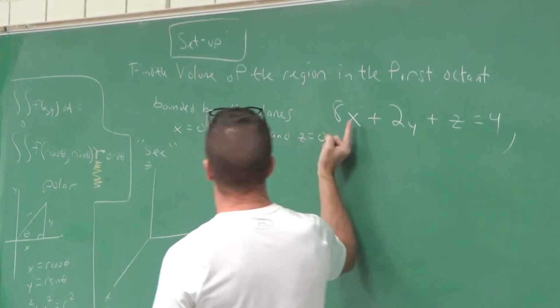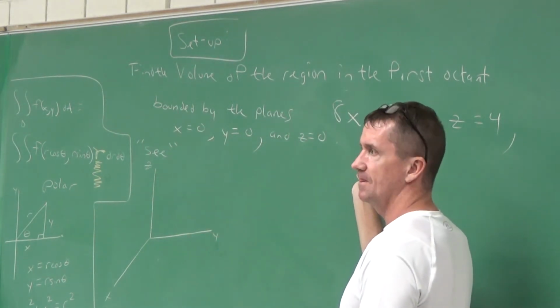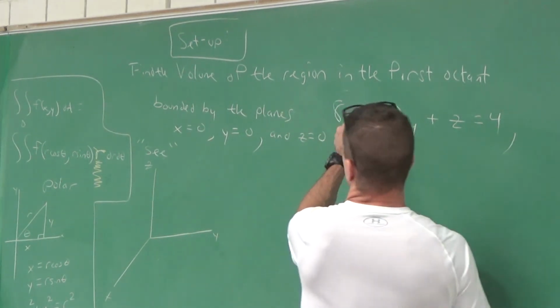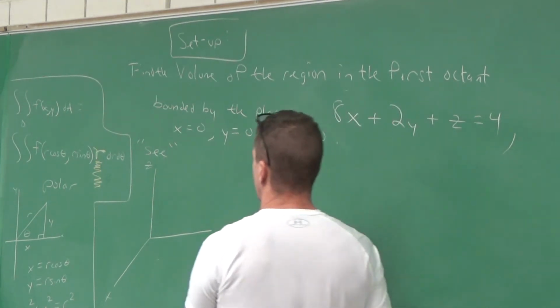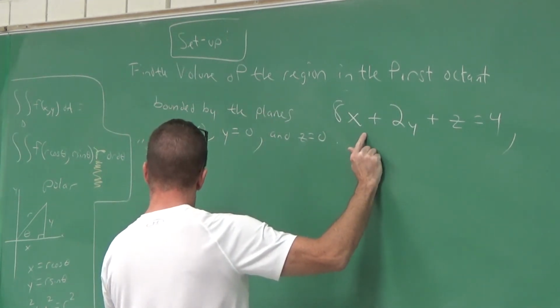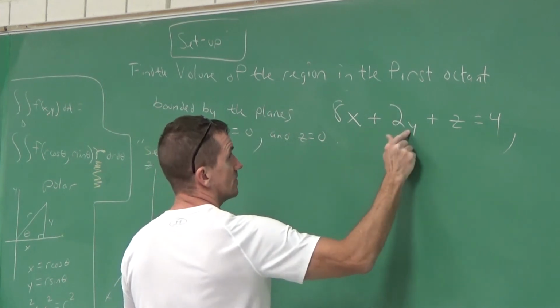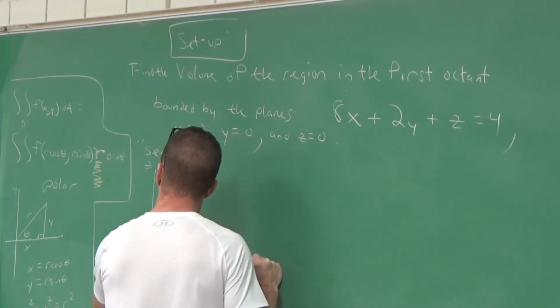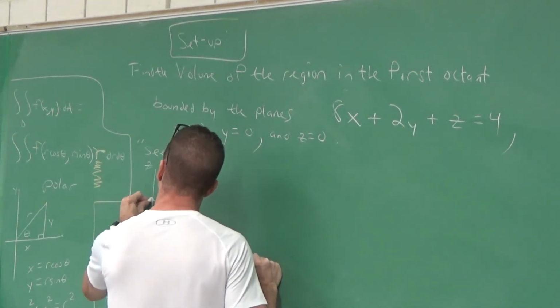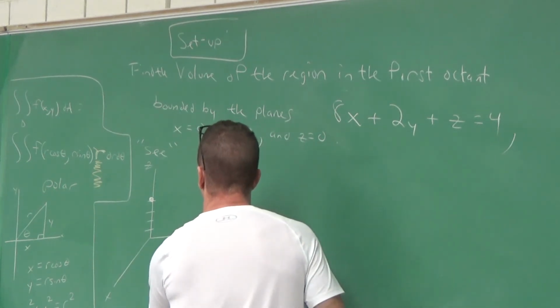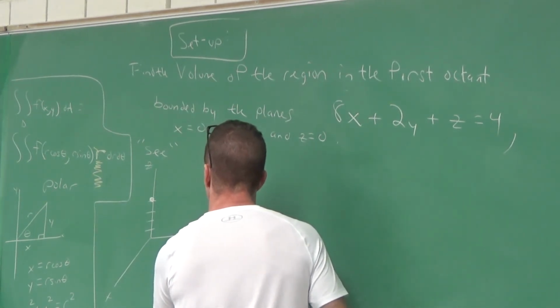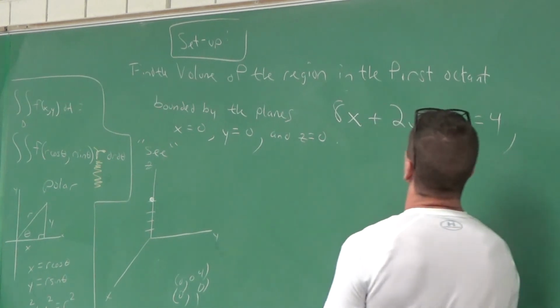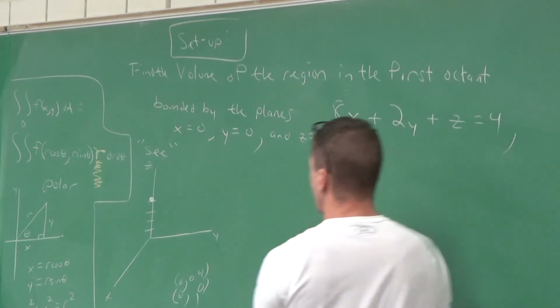Do you remember how to sketch a plane? Can we sketch this plane? Intercepts. So let's sketch this plane right here. What's going on when x is 0 and y is 0? Z is 4. 1, 2, 3, 4. What's going on when x is 0 and z is 0? Y is 2.